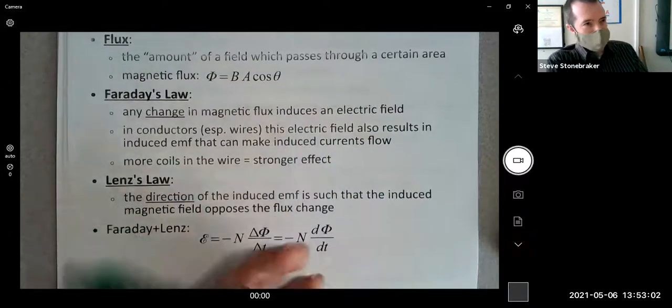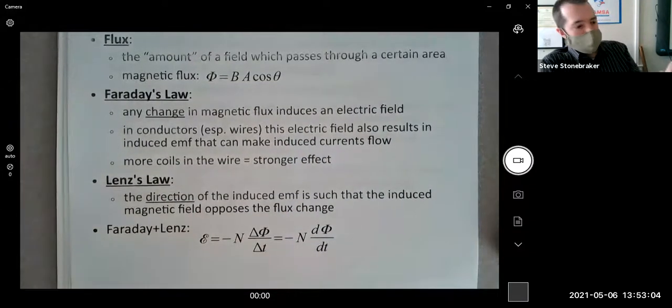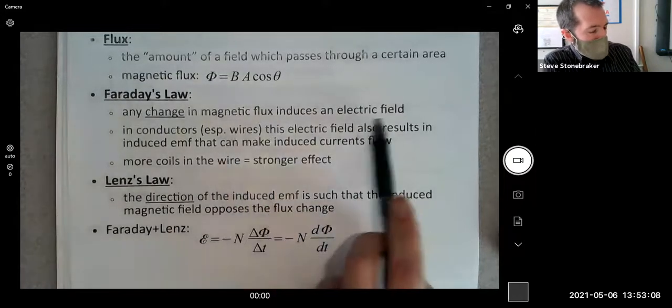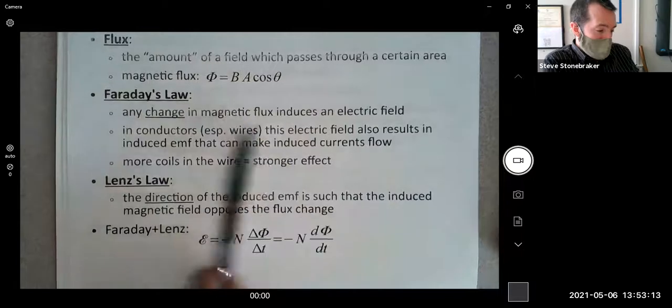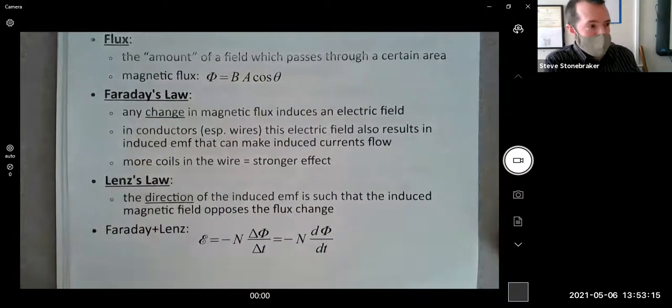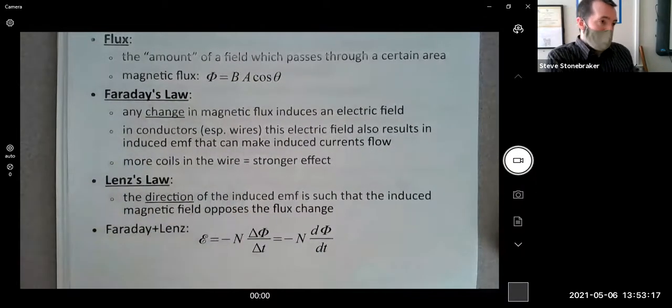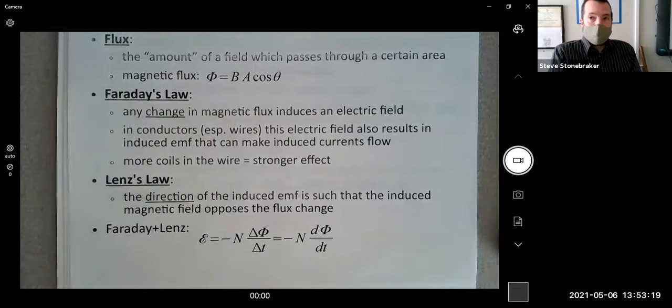The word induce basically just means causes or creates. So if the magnetic flux is changing, you're going to make an electric field. And if there is a conductor there, like a wire, when you create that electric field inside the conductor, it's going to make current flow. That's why we care about it.